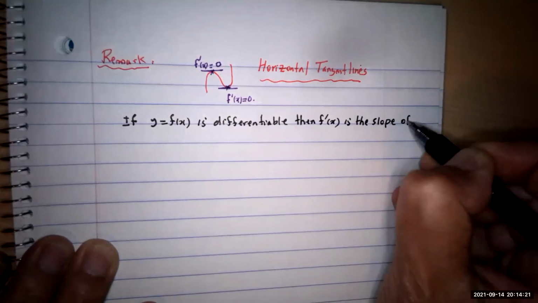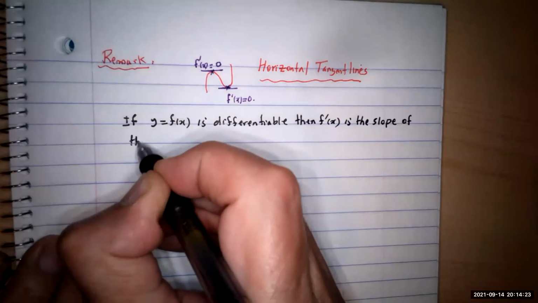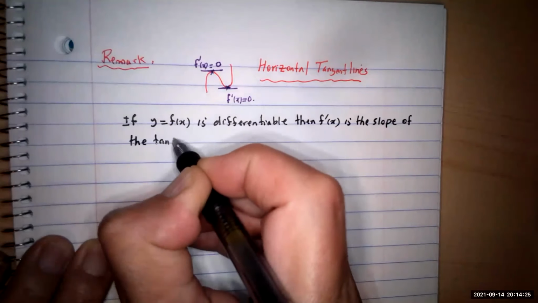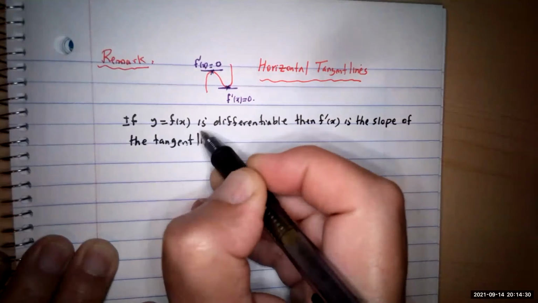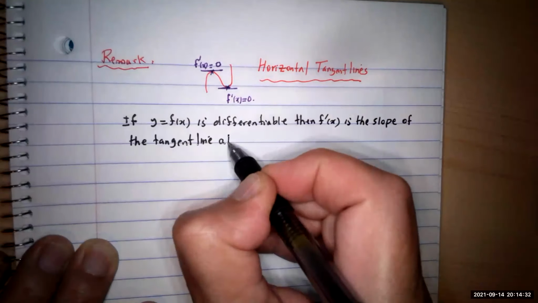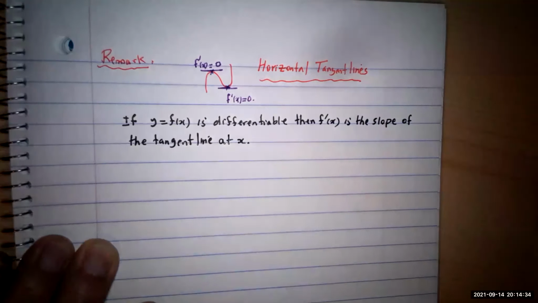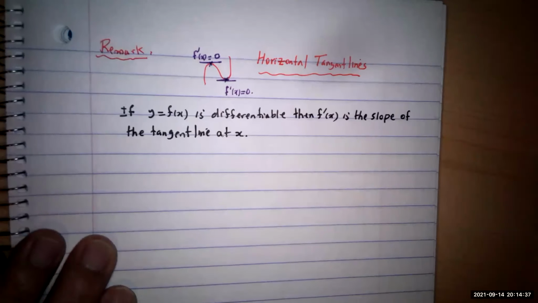Of the tangent line. The slope of the tangent line at x. So that's the definition of the derivative.